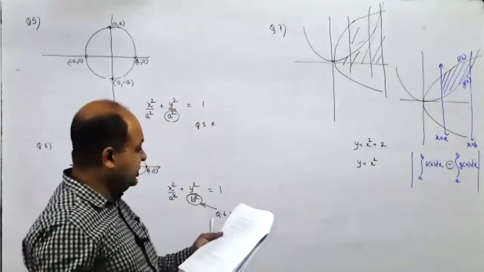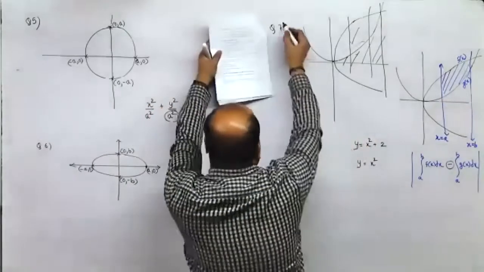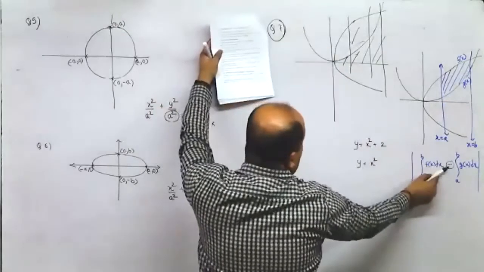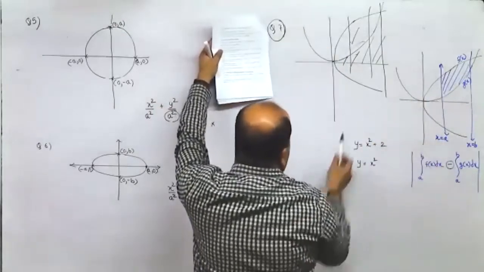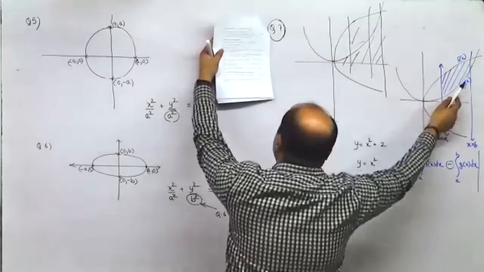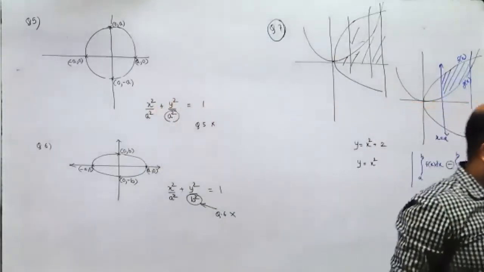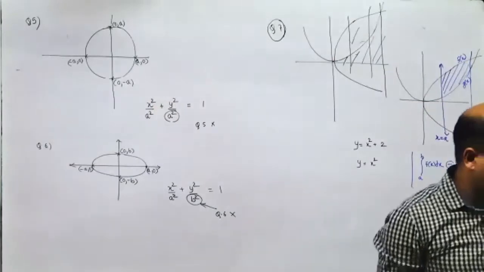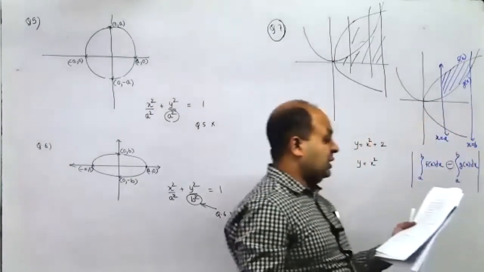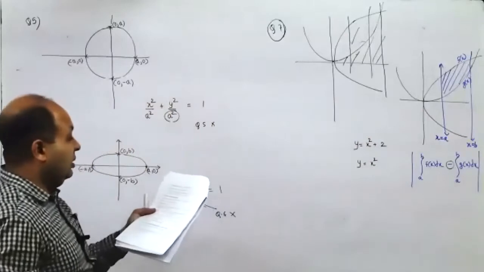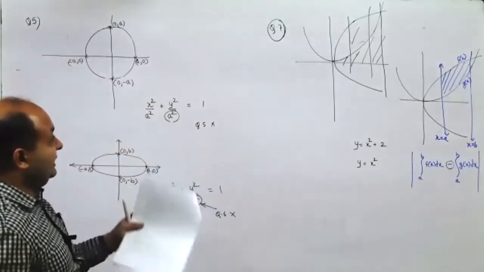Is it possible to check the answer for the seventh one? I believe it should be minus. If it is this region which they are considering, you need only g of x. It should be minus itself. I haven't followed that question properly, whether it is between the two curves or between the two curves and the x-axis.